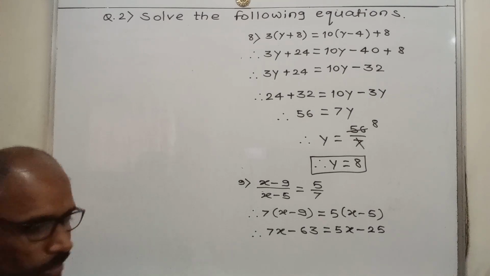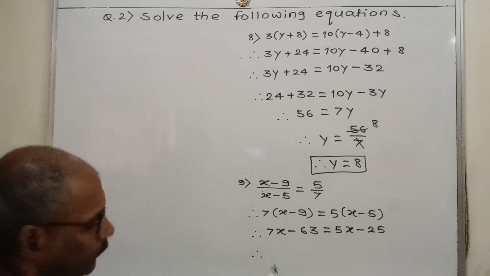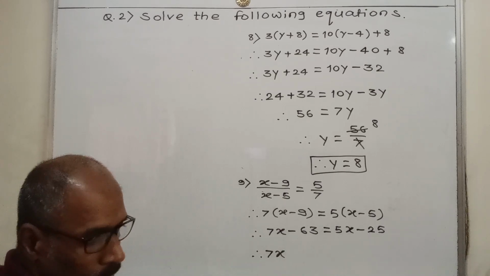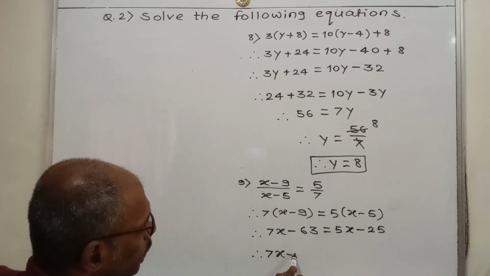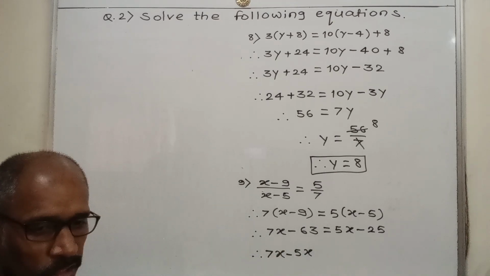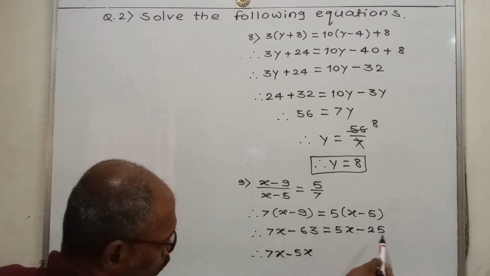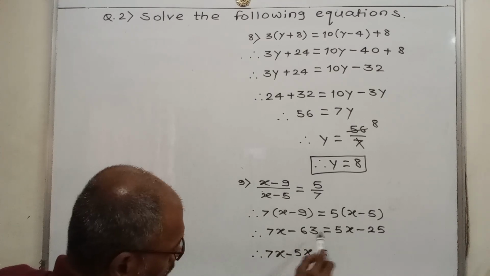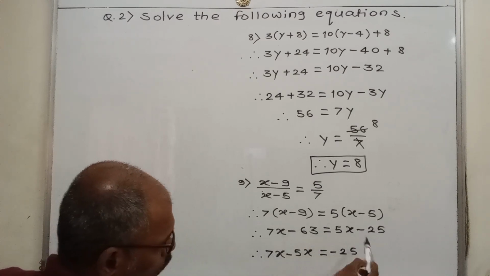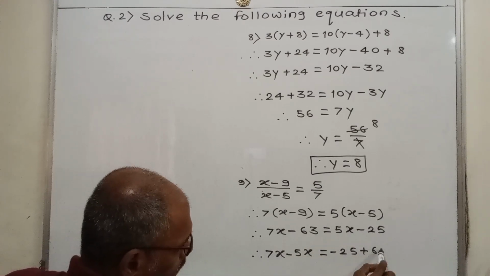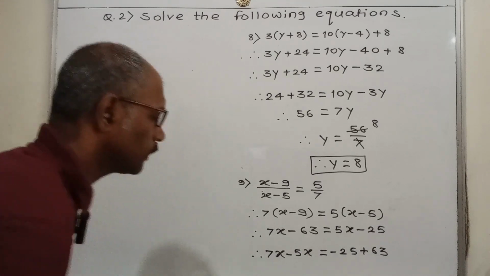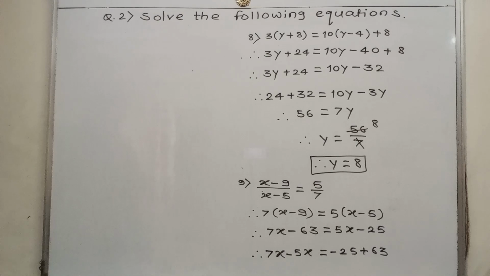Now what is the next step? 7x minus 5x. We take the smaller near the bigger and take this to the right. See this, original minus 25. We take this to the right. Minus becomes plus.